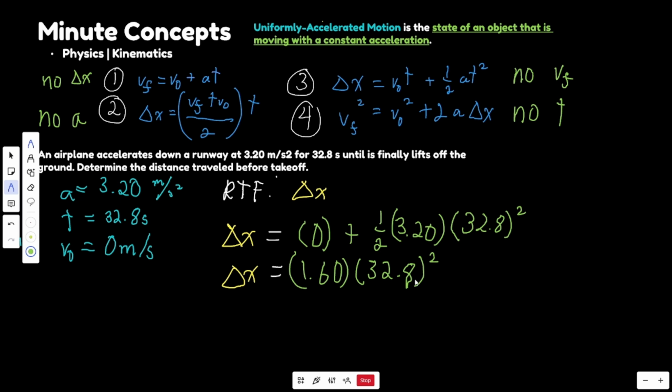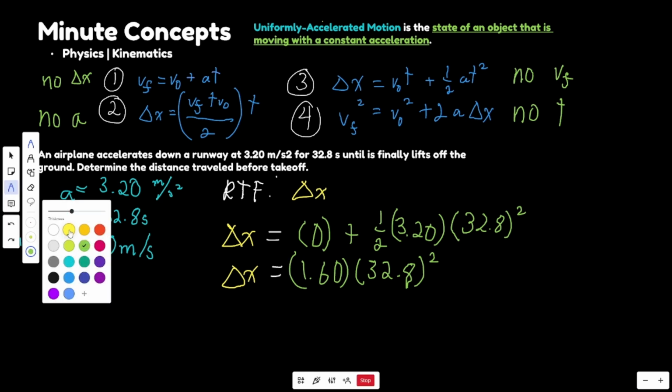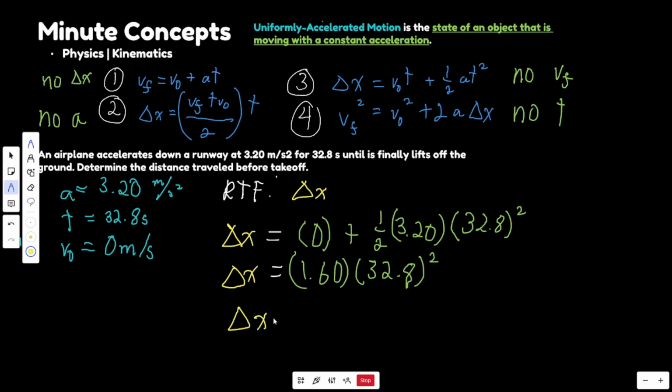So now plugging that into your calculator, 32.8 squared is 1075.84, and then we multiply that by 1.6, which should get us 1721.344. So delta x is equal to 1721.344.